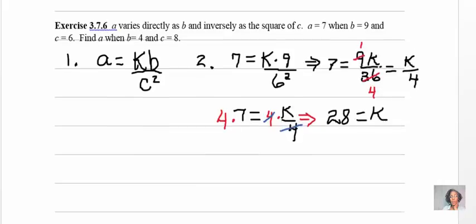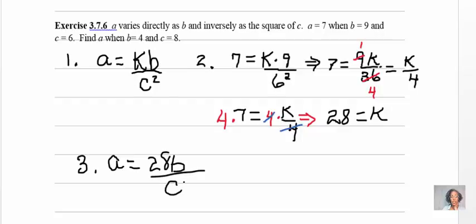So now I'm able to rewrite the equation from part 1 by replacing the K with 28. So A equals 28B over C squared. And I can now, in my final and fourth step, find A when B is 4 and C is 6.